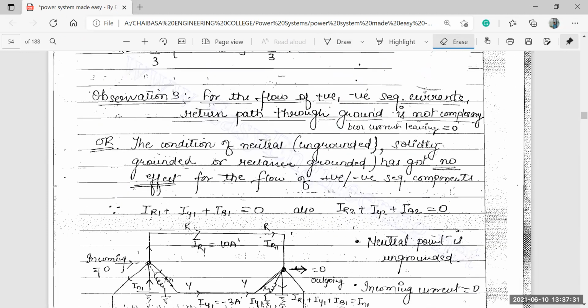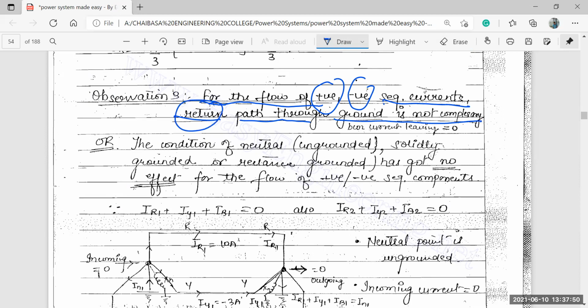Okay, the observation 3 that we see is that for the flow of positive and negative sequence current, the return path through ground is not necessary. You have to be very careful. The return path through ground is not compulsory, it's not mandatory.